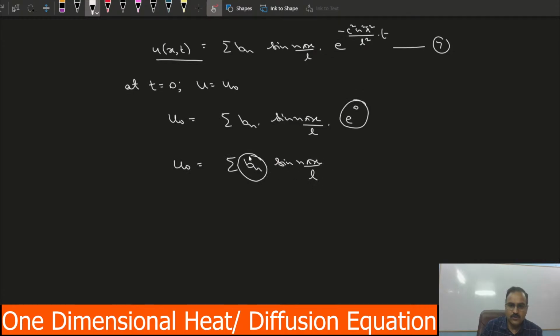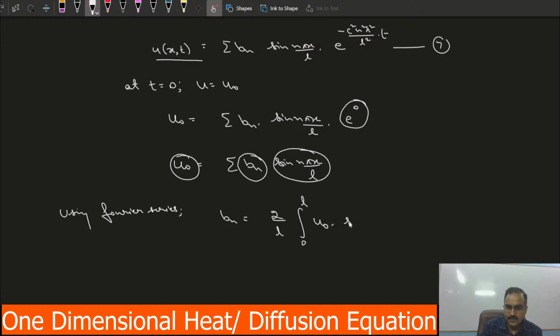Now we need to find the value of bn. So using Fourier series, bn will be equal to 2 by length of the rod, integral 0 to length of the rod, this function into sin of n pi x by l into dx.